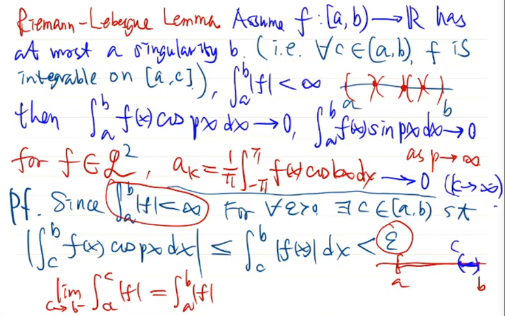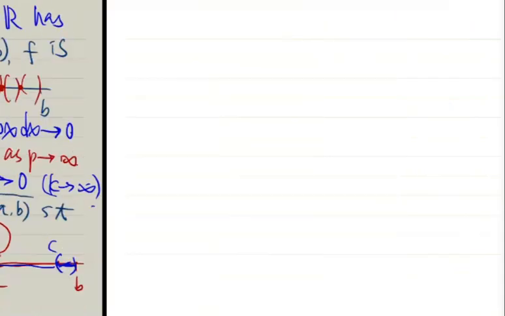The advantage of considering the problem in [a, c] is that in [a, c], our function is integrable in the Riemann sense, in the usual sense. Therefore, this will be easy to tackle. Since f is integrable over [a, c], we use R[a, c] to denote the integrable functions over the interval.